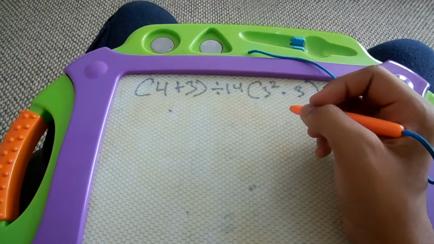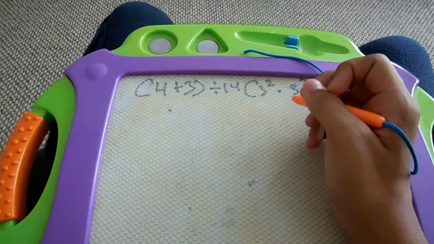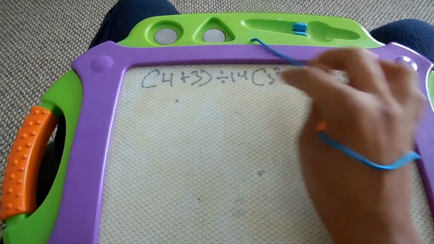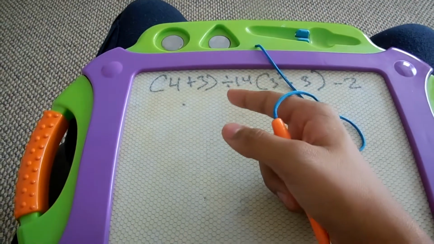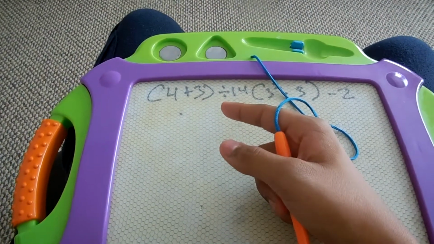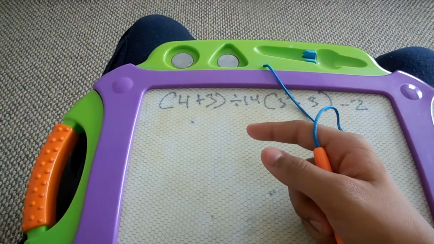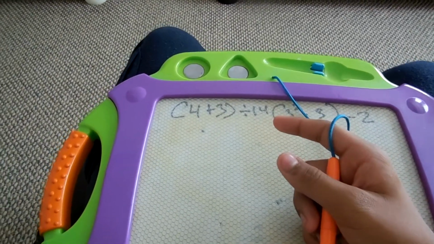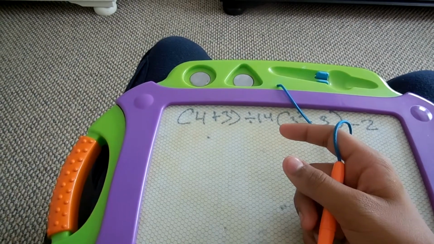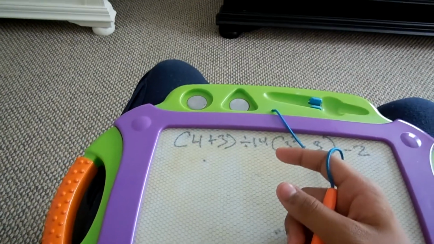Since 4 plus 3 is the first parentheses on the left side, I choose 4 plus 3 because it's the first thing on the left. If you have 2 of them, whichever is first on the left, you do that one first.